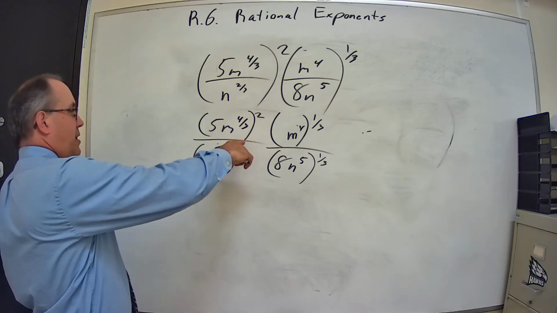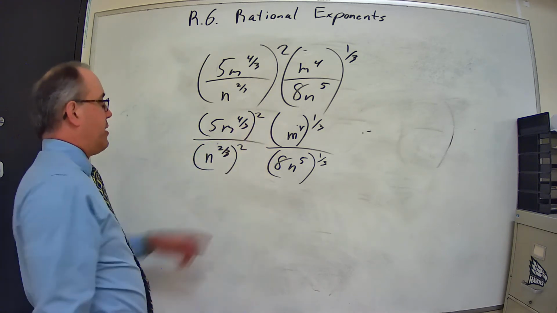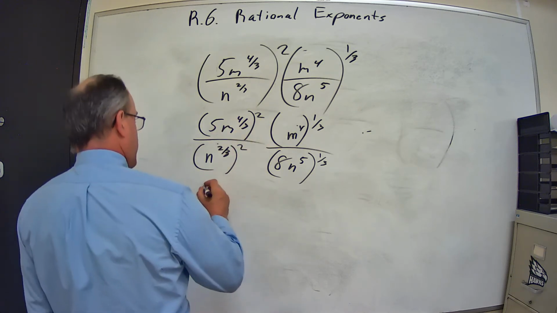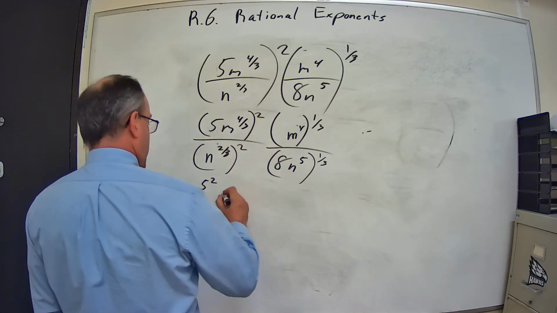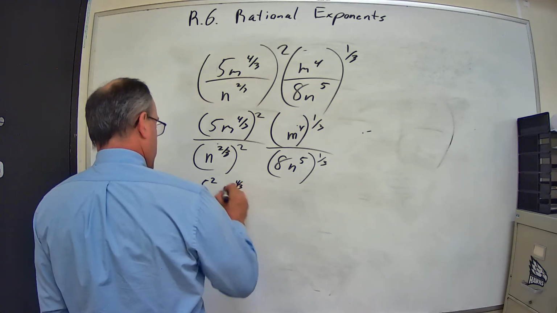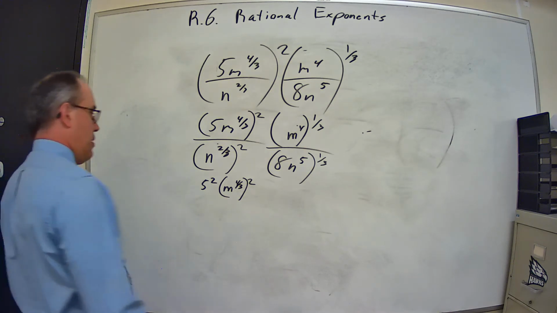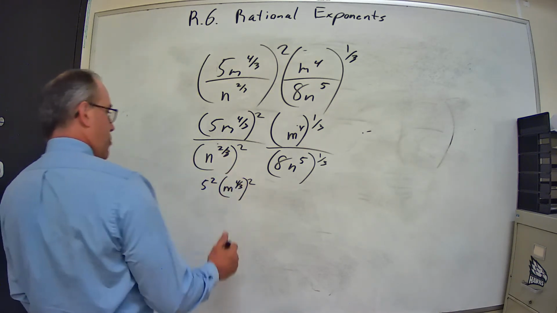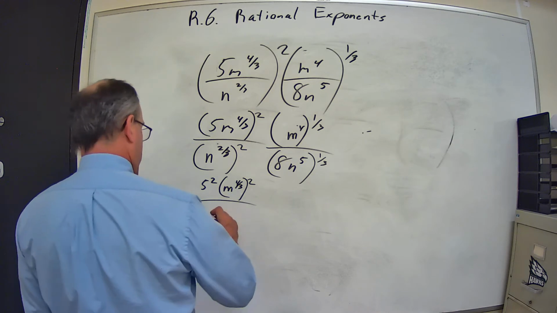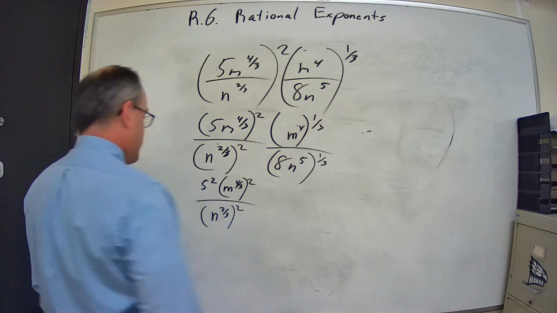Now that I have that, I can bring this in, I can distribute it through, so I can say that's 5 squared times m to the 4/3 raised to the 2. And the bottom just stays the same on that one, n to the 2/3 raised to the 2.